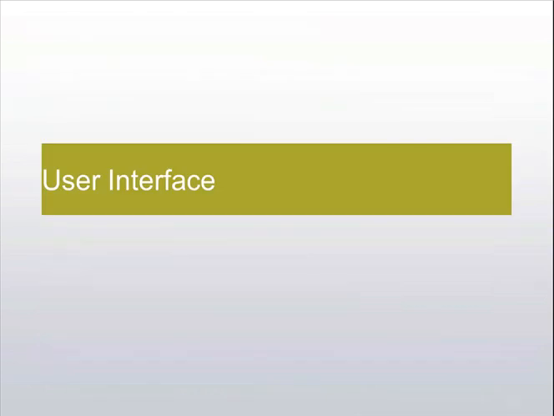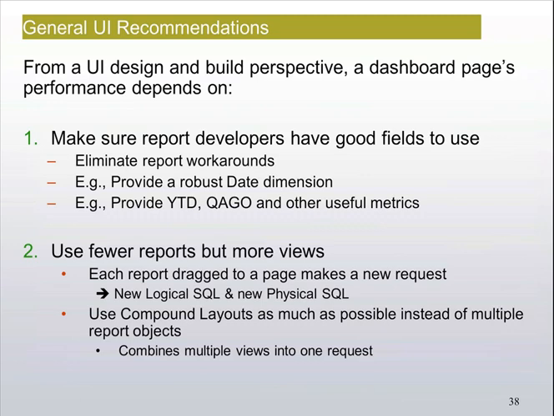Let's talk about some of the things we can do on the reporting side. As I said before, the reporting side typically does not have a tremendous impact on performance. However, I have seen cases where there are significant problems based on how the report was built, and in fact, just recently I saw that. The very first one is to make sure the report developers, whether it's an ad hoc user or the development team, have the right fields to use.